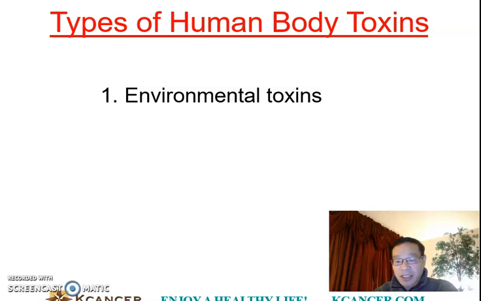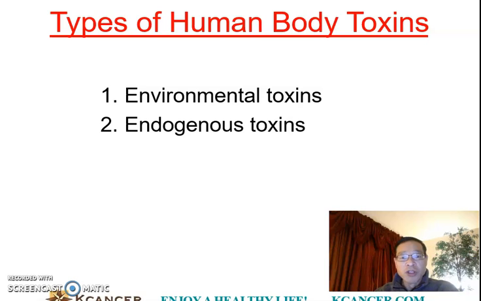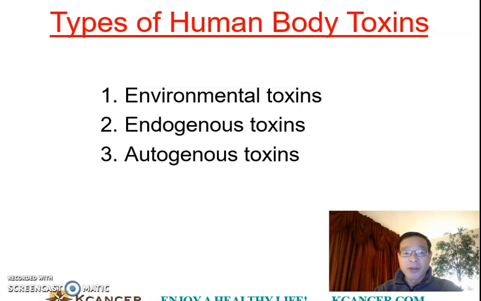Anything that comes from the environment, we call environmental toxins. Then we have endogenous toxins. In the normal situation it is safe, it's not toxin, but if we consume too much, and also if our digestive system is not strong enough, such material may become toxin.